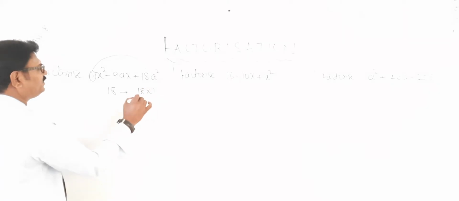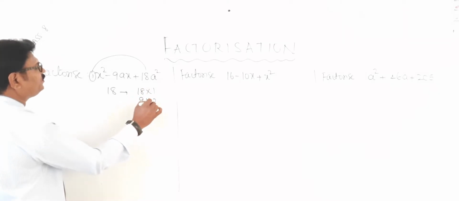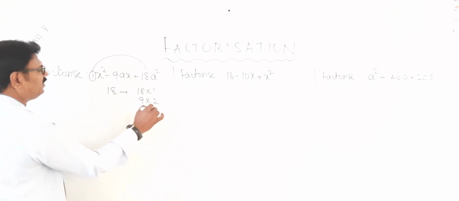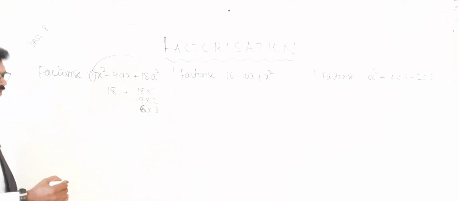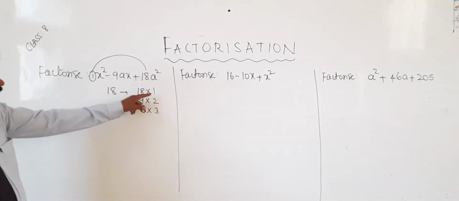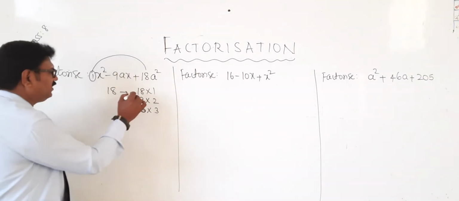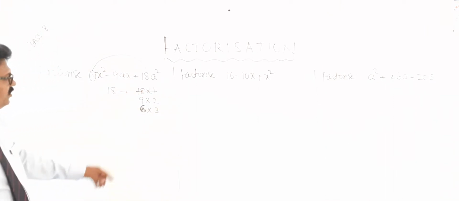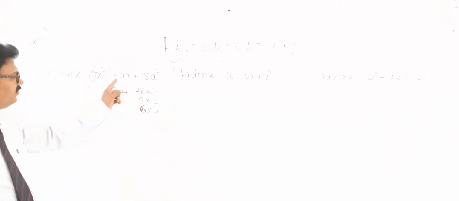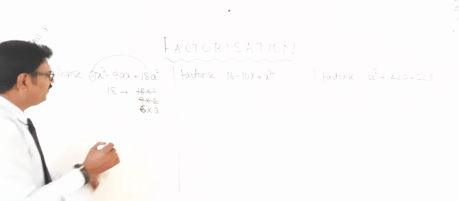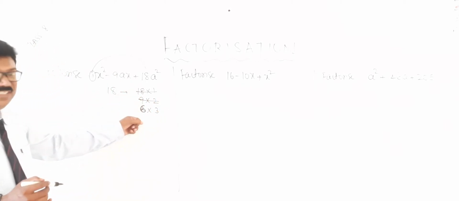We can write 18 as 18 into 1, 9 into 2, and 6 into 3. Now 18 plus 1 is 19, not there. 18 minus 1 is 17, not there. Leave it out. Next, 9 plus 2 is 11, and 9 minus 2 is 7. It is also not there. So when these two are not there, 6 and 3 will definitely work.